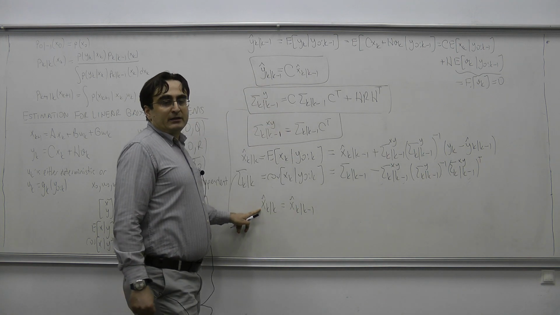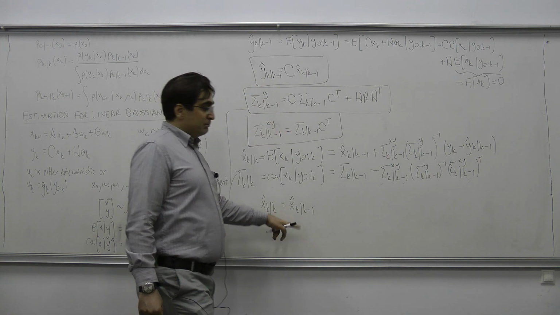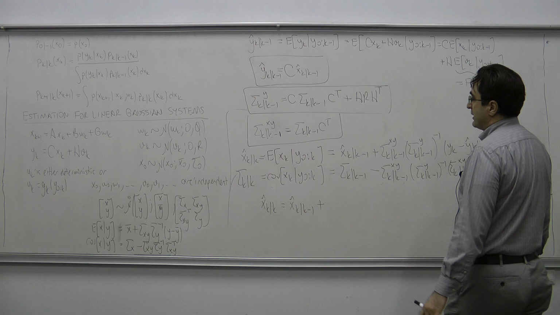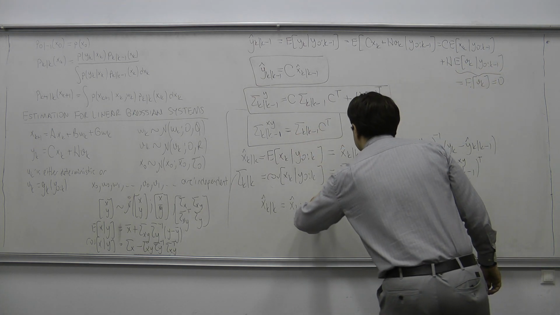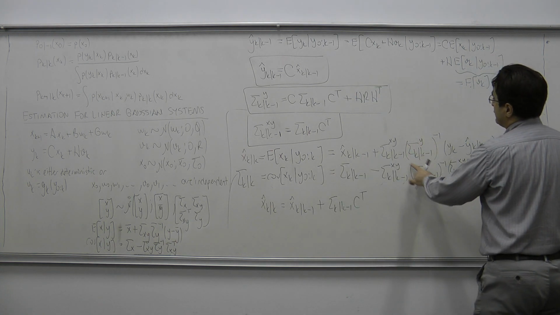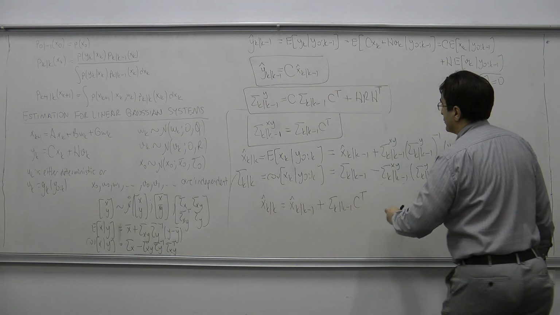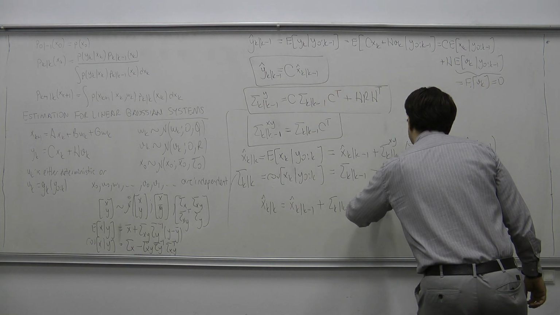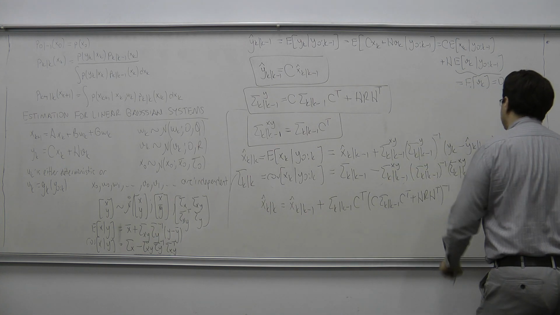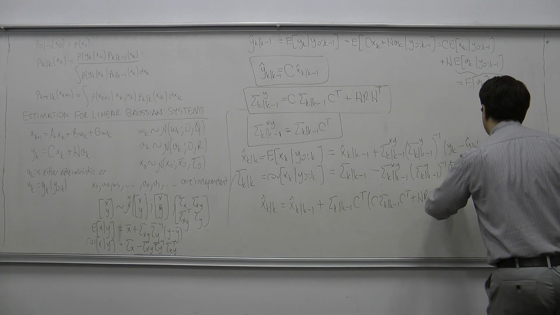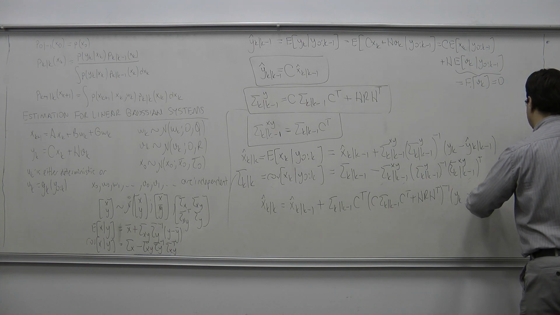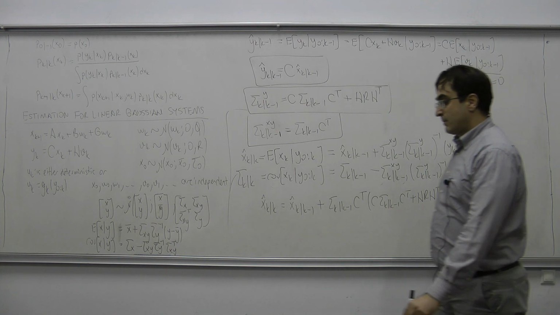The updated mean is the predicted mean plus some quantity: sigma k given k minus 1 C transpose, times this covariance inverse, C sigma k given k minus 1 C transpose plus H R H transpose inverse, times yk minus y hat k given k minus 1, which is C times x hat k given k minus 1. Okay?